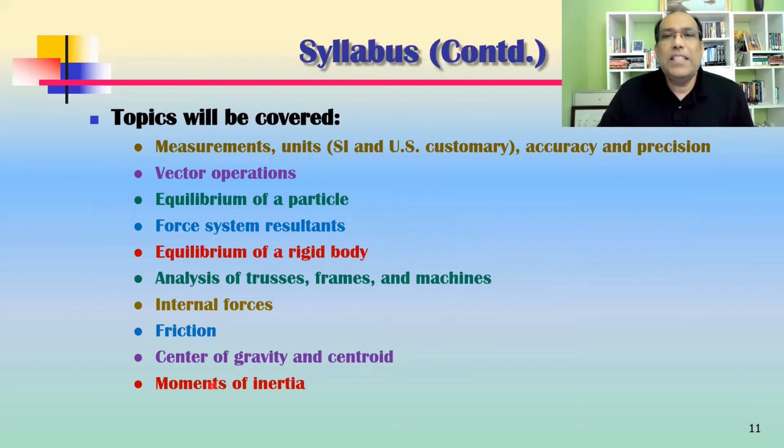So basically you have 10 chapters in your syllabus. The first chapter is kind of a review of what you already learned from your physics course. So we actually have 9 chapters here, okay?